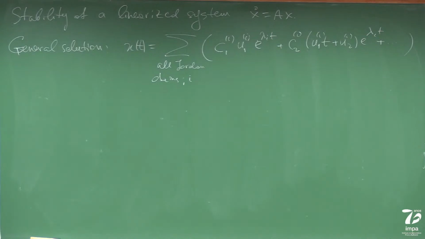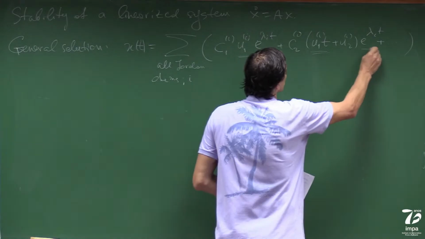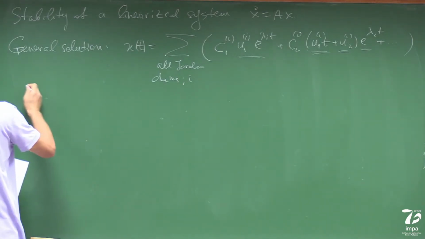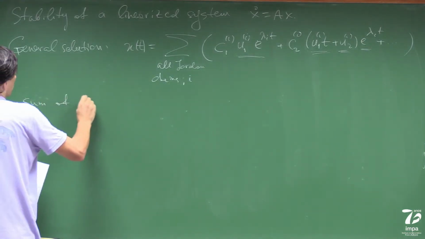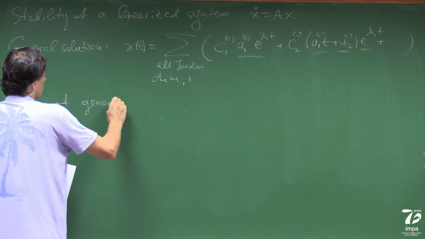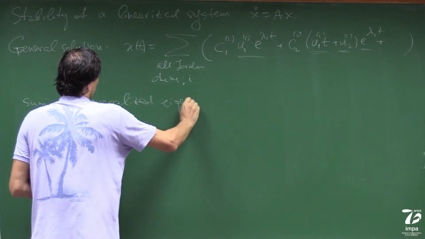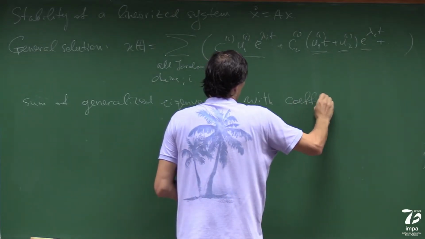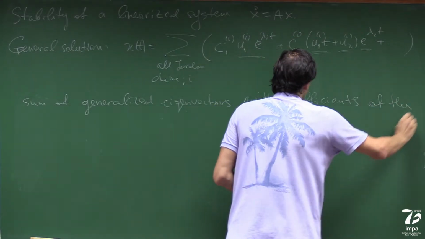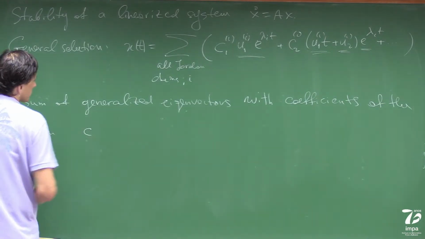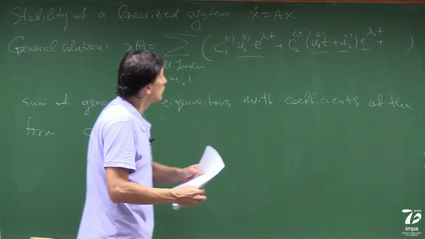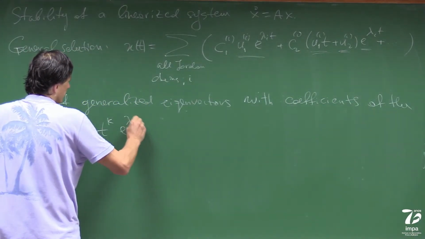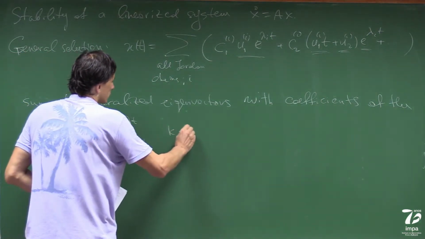So every term in this solution is a sum of terms of generalized eigenvectors with coefficients of the form: some constant times a power of time, because there will be different powers of time, and times the exponent of the eigenvalue by time, where k is 0, 1, 2.